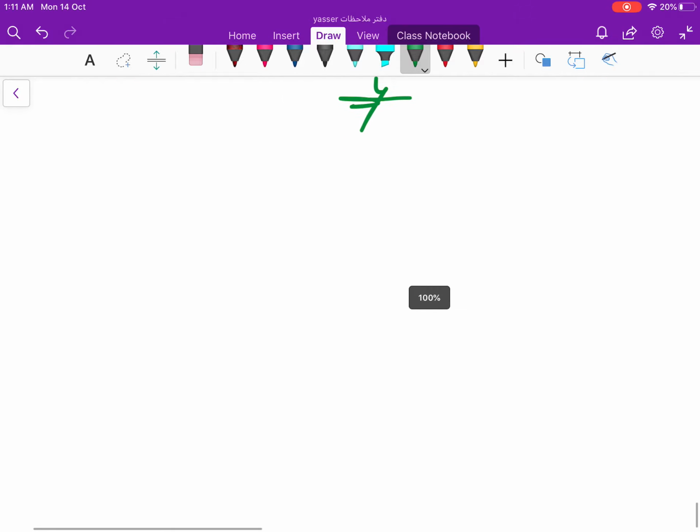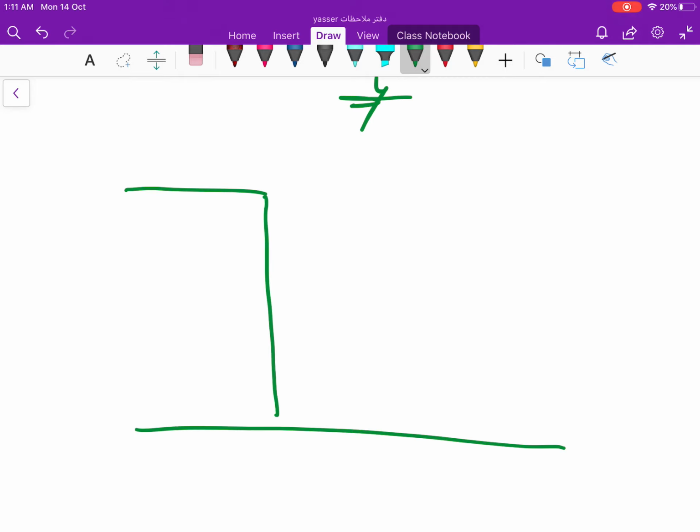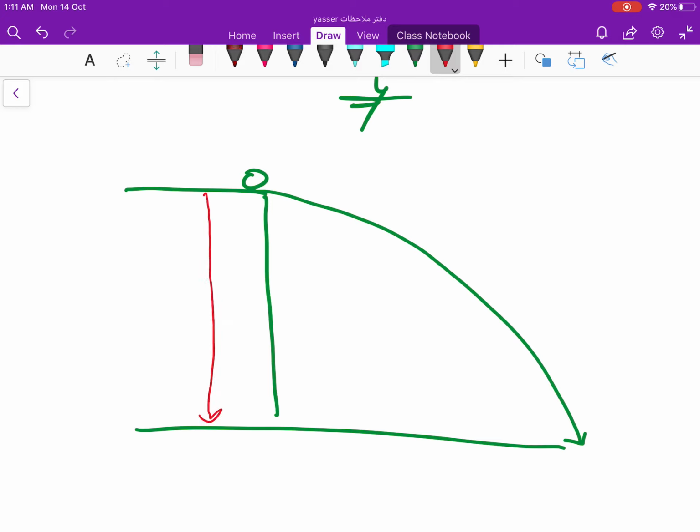So if the time is in seconds and the initial velocity is in meters per second, the range will be in meters. Another case, if we have a cliff and we have an object that is thrown from the top of the cliff, what will happen? Here we will have something else. We need to know the vertical component, the vertical height.